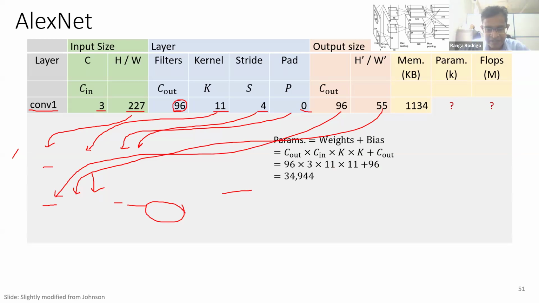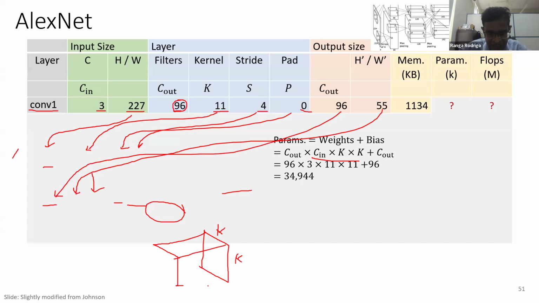If you take each kernel, it is C in times K times K. Remember, when you think about a convolution kernel, although we are talking about the spatial size K by K, in this case 11 by 11, we must know that it spans the total number of input channels.